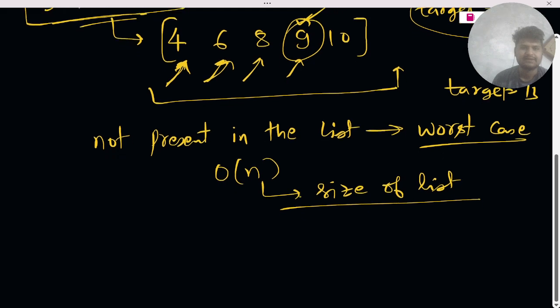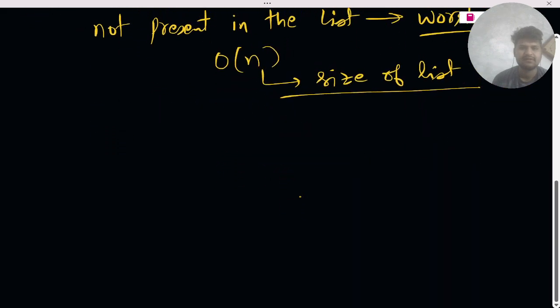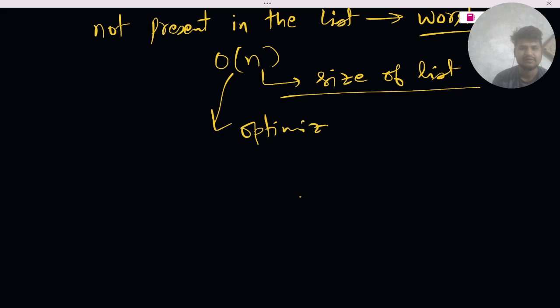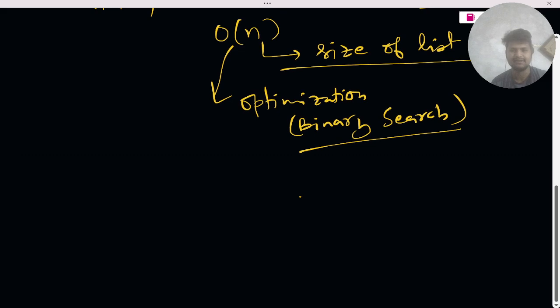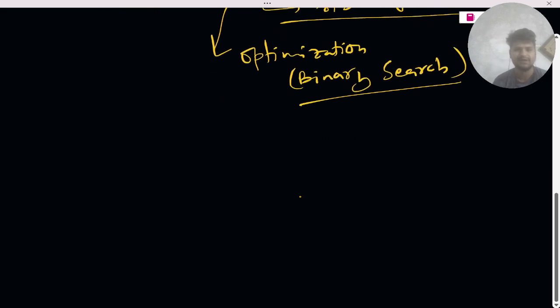So let's start with the topic of optimization. It's the optimization version, and that's why binary search, because we are given a sorted list and we have to find whether the target element is present in this list or not. So let's start.